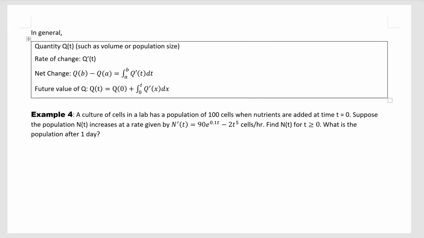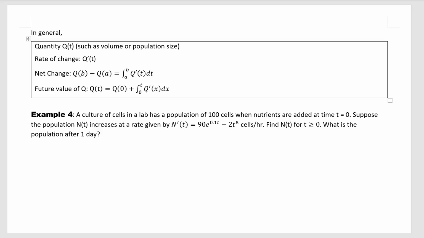Then we can talk about rates of change. When we're talking about population, it is the growth rate. Then the net change is the definite integral of the rate of change. And what is the future value? You integrate the rate of change.